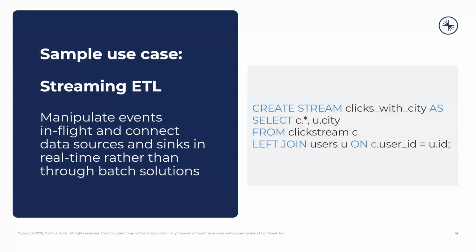We're creating that topic as select everything in the C topic and the u.city field from the U topic, from another topic called clickstream, which we're calling C. We're left joining it with the users topic on the user ID, right? So the output of this will be everything in the clickstream plus the city from the users topic. And that's a quick, very easy way to do enrichments, right?